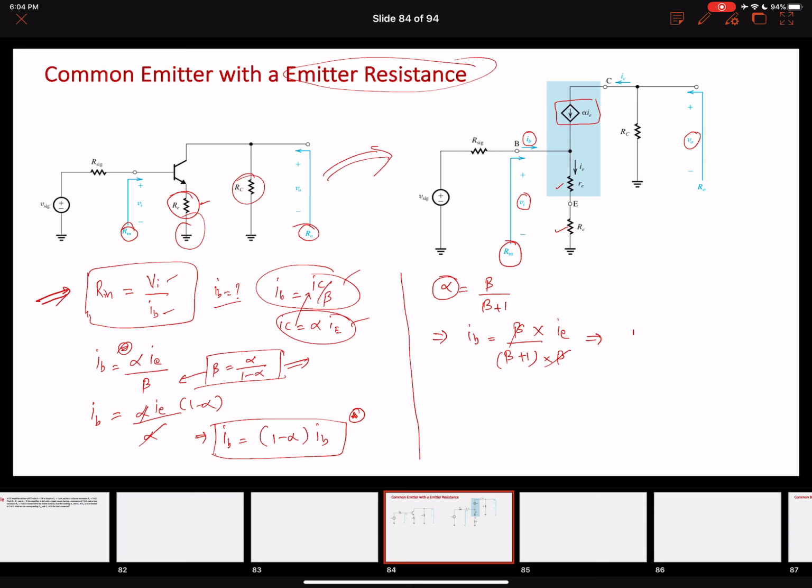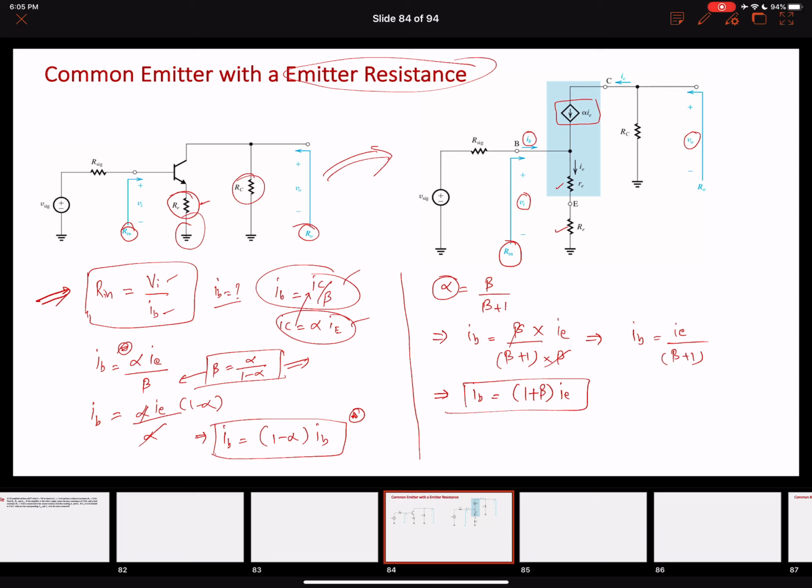So the value we are going to get is IB equals IE over beta plus 1. So our base current is going to be IE over 1 plus beta. Okay, great. So this is the value of the base current that we ended up finding.